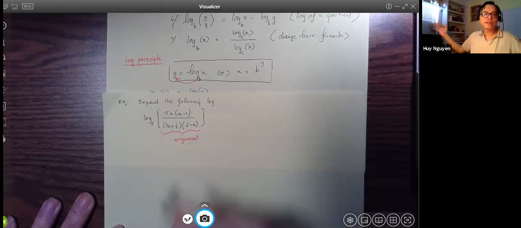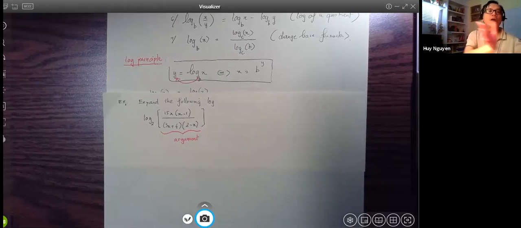You see that it's totally separate from the base number 2. So you must be able to recognize that first.